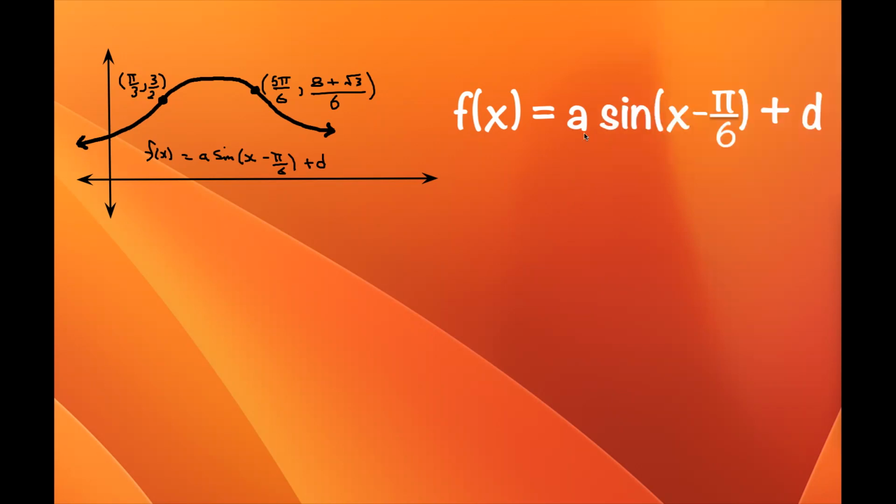So basically here we're trying to find the A and the D for this question. Now, this is a sine wave. We know 2 things here about the sine wave. I don't know if it will help us, but we're just gonna mention it. We know that the period is 2 pi because A is 1 right here.